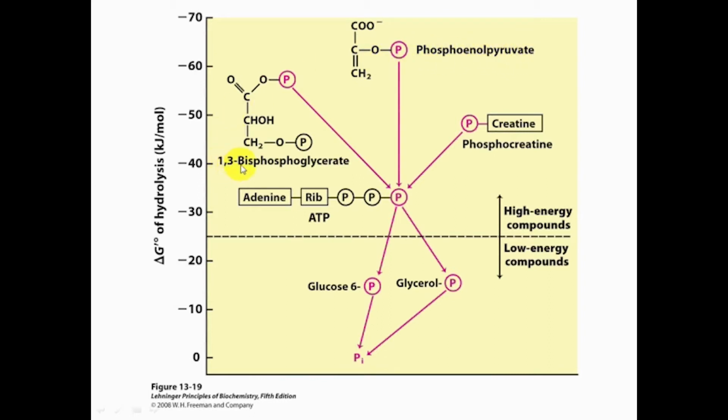We have 1,3-bisphosphoglycerate, abbreviated 1,3-BPG. We have phosphocreatine and ATP. And then we're going to have glucose 6-phosphate and glycerol phosphate. Note phosphoenol pyruvate is the highest energy molecule. This means when you cut this phosphate off, you're going to have a -61 delta G. It's very energetic.